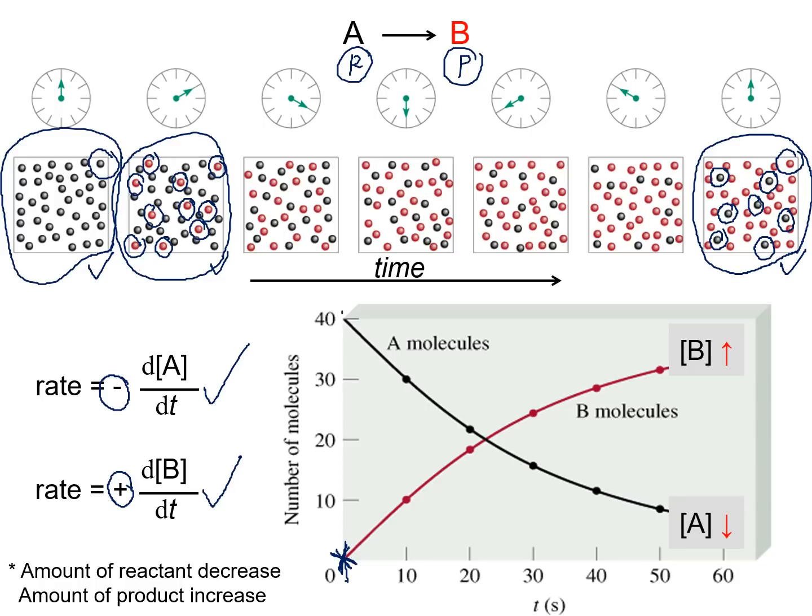Di sini wakilkan dengan nilai 40 untuk particles A. Kemudian apabila tindak balas mulai berlaku, concentration of reactant A akan berkurang kerana telah diguna pakai untuk menghasilkan produk. That's why curve untuk concentration A semakin menurun. Manakala produk mulai terhasil. That's why curve untuk concentration B adalah semakin meningkat.